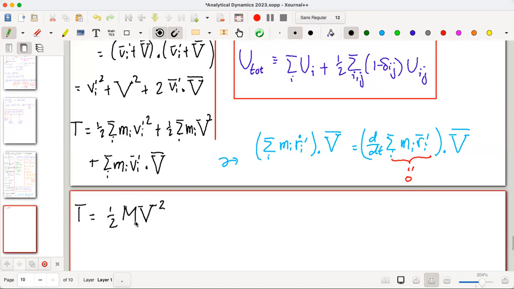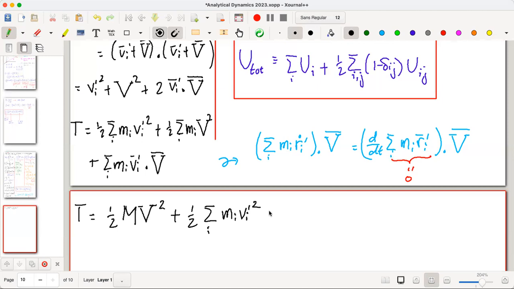Kinetic energy of the center of mass. Right. So if the center of mass is moving along with the system, then this is the kinetic energy. Plus the second term, the kinetic energy of each particle with respect to its center of mass.